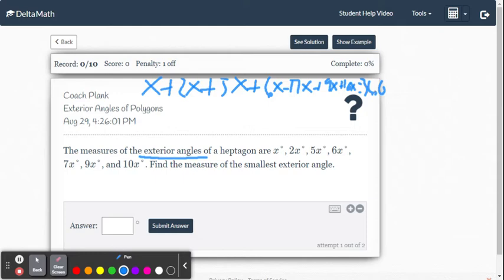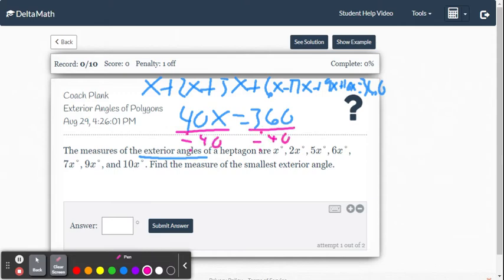We get 1, 3, 8, 14, 21, 30, 40. I hope I did that right. 40x equals 360 degrees. So then we're going to divide both sides by 40, and we get x equals 9 degrees.